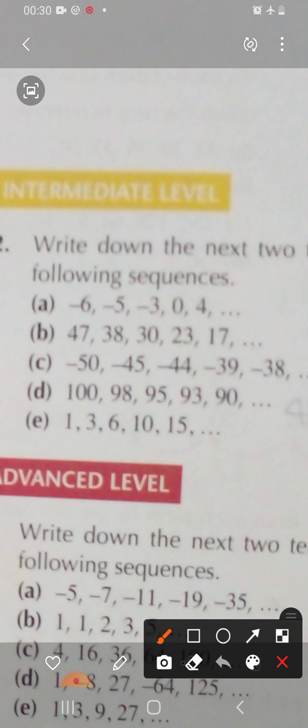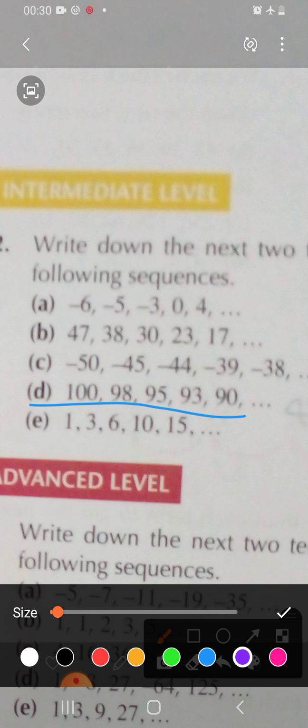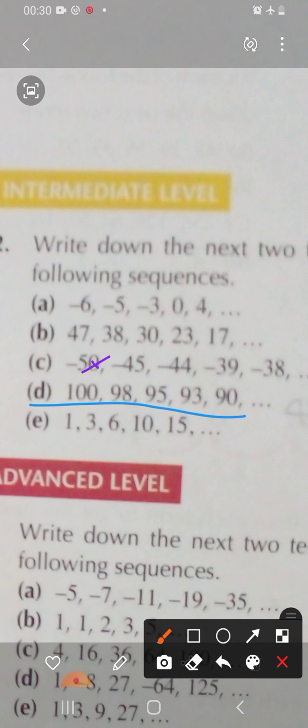Part D: 100, then 98, then 95, then 93, then 90. So there is a decrease again. 100 is greater than 98, so there is a subtraction of 2, and then a subtraction of 3, then a subtraction of 2, then 3.